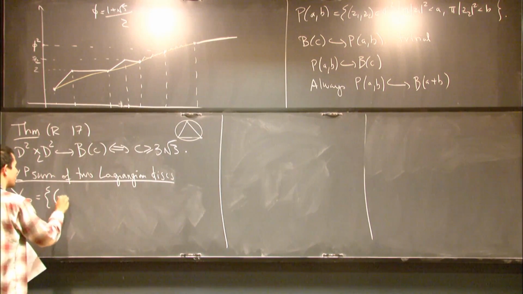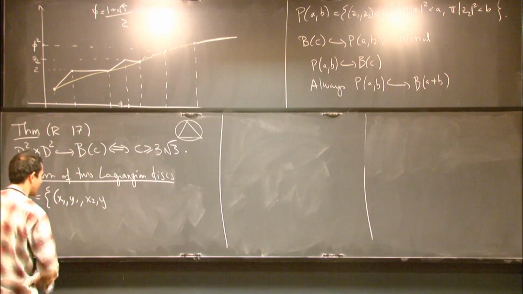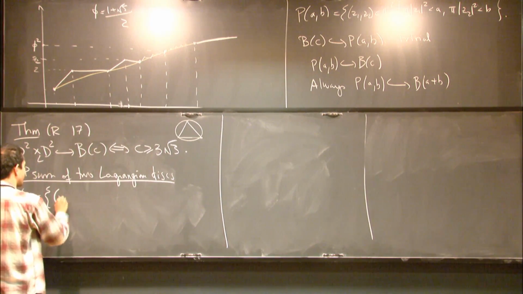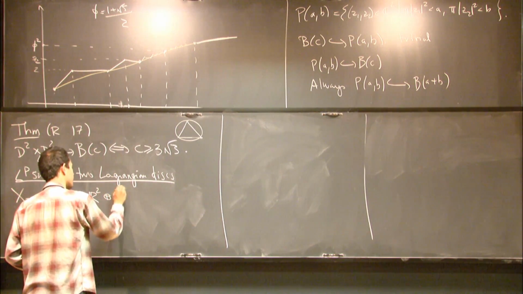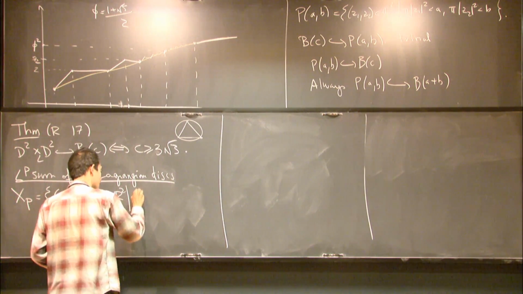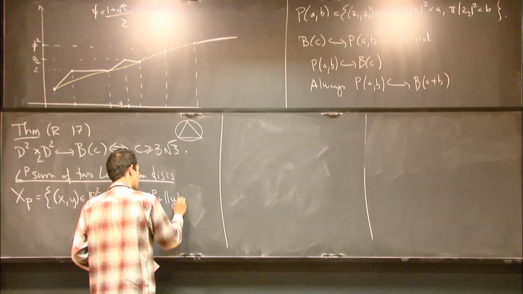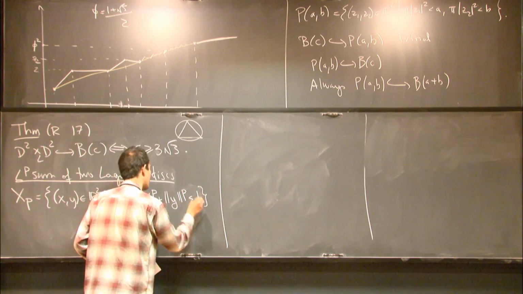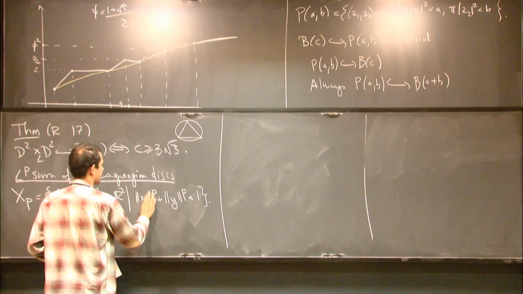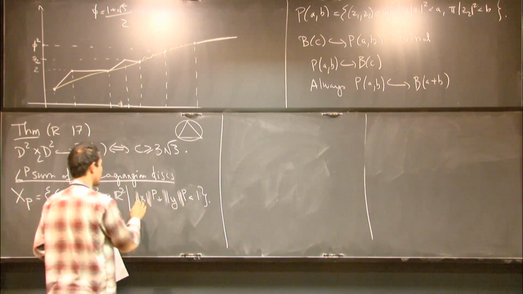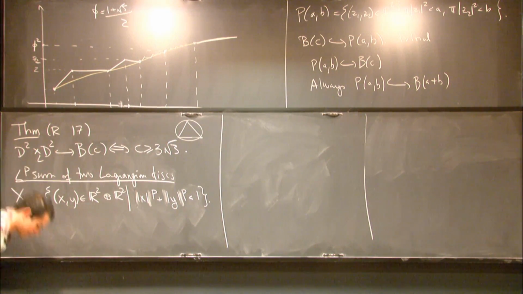So this is the set of points (x, y) in R2 plus R2, such that the norm of x to the p plus the norm of y to the p is less than 1. Where by the norm here, I mean the Euclidean norm. So the Euclidean norm to the p plus the Euclidean norm to the p is less than 1.